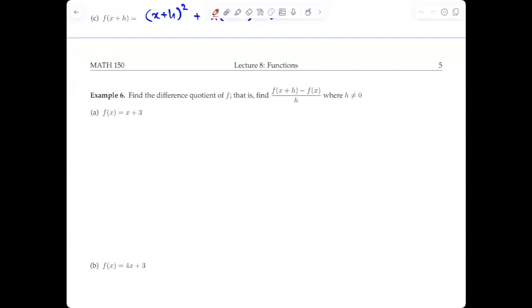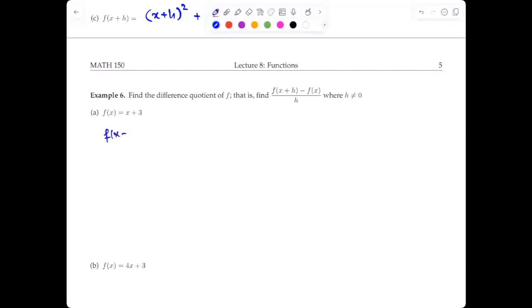So this is the topic that we tried to do last time. Now you want to manipulate the function by substituting a different value of x. So in this case, let's set up the difference quotient for the following functions. So part A, you have f of x equal to x plus 3. So the difference quotient is, let me write the formula again.